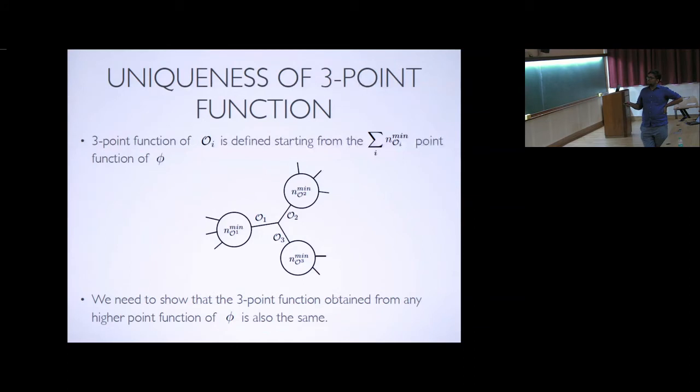And if that is the case, then this is the only factorization channel in which I can recover O1, O2, O3, and that's my definition of O1, O2, O3. And now I want to show that even if I started from a higher point function of phi, I get the same answer. And that I proceed inductively. So I assume that up to a certain point function of phi, this factorization goes through, and I obtain all factorizations starting from that particular, let's say, n-point function of phi.